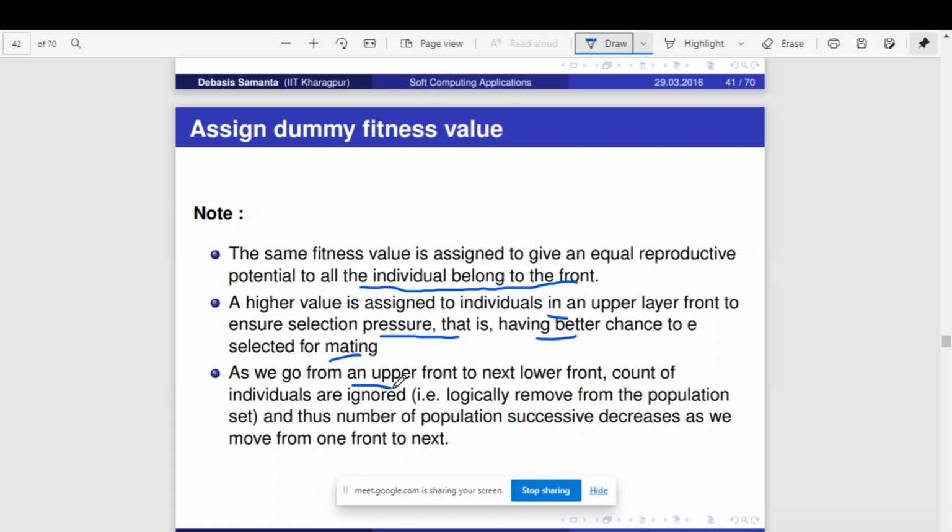As we move from the upper front to the lower front, the count of individuals decreases successively. So basically every individual in a higher front shares the same rank, and it is highly likely that someone in the higher front will be selected for mating rather than someone in the lower front.